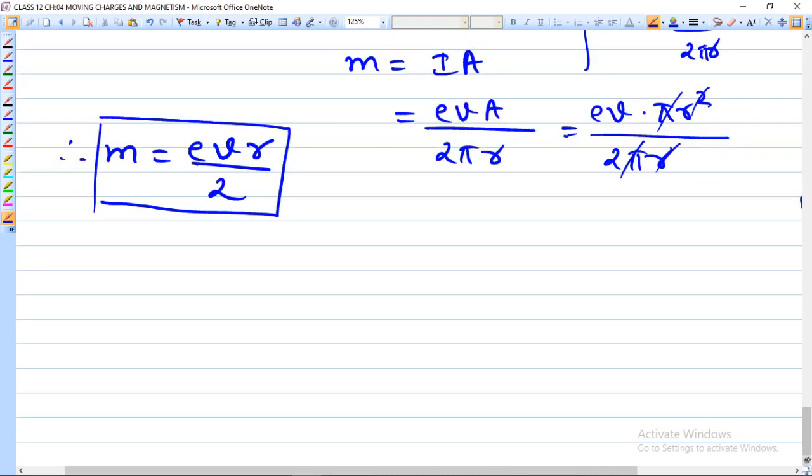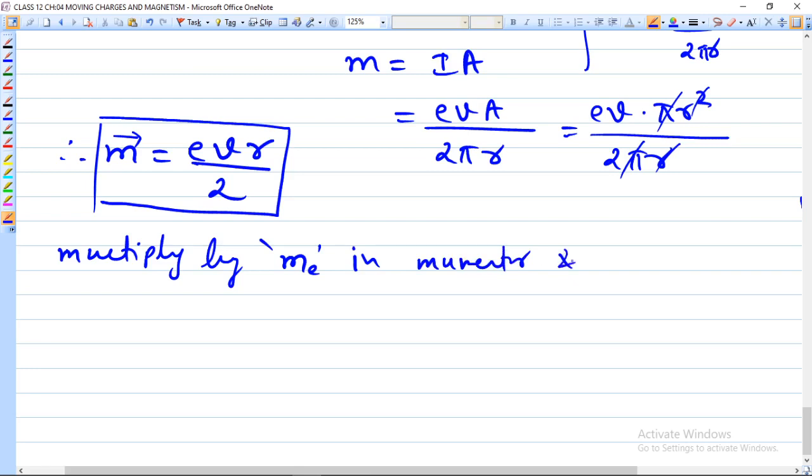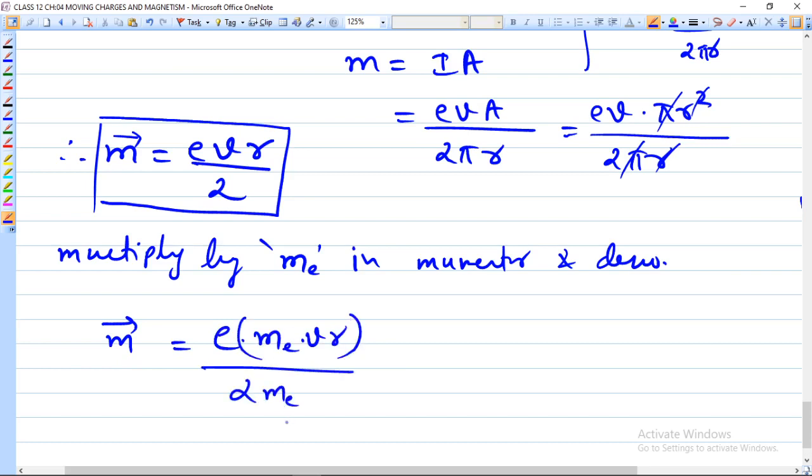Now this is the magnetic moment. Multiply by me, the mass of the electron, in numerator and denominator. This is the magnetic moment M bar. Please don't confuse. e into m_e v r upon 2 m_e.